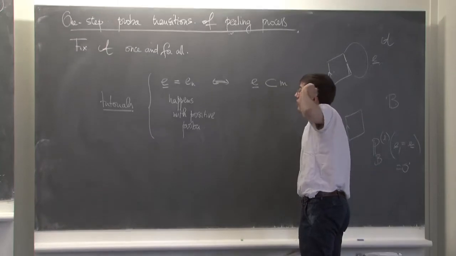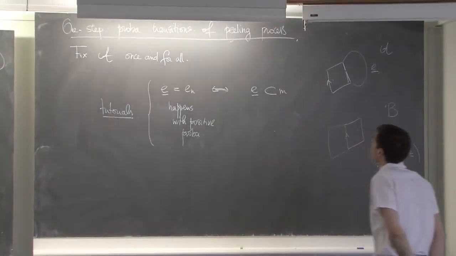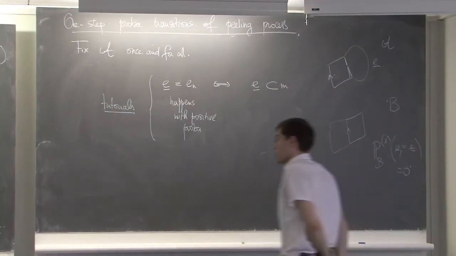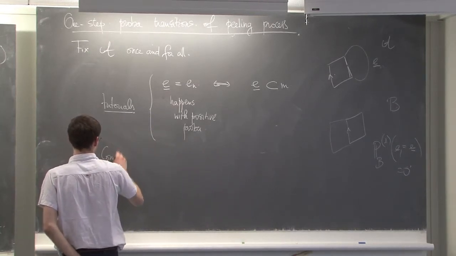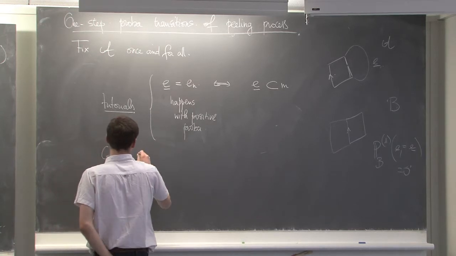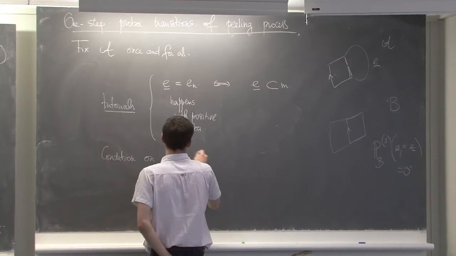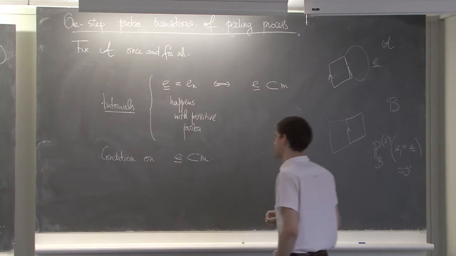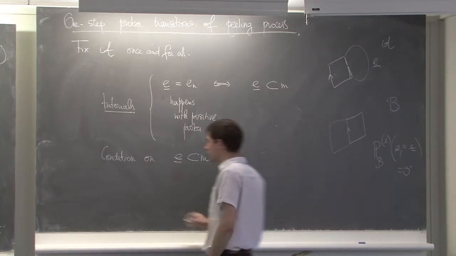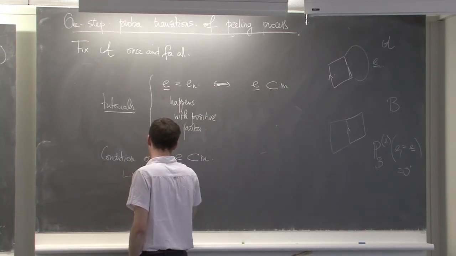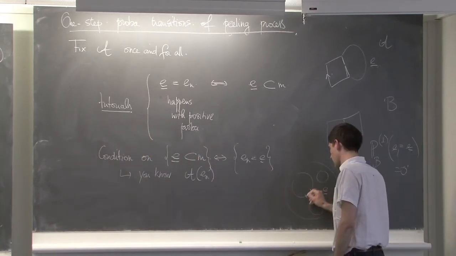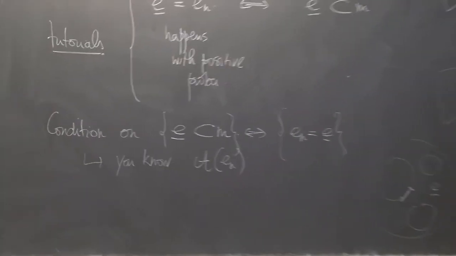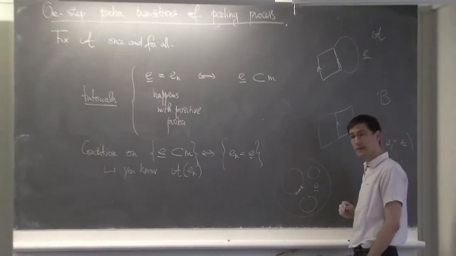Now let's compute what I claim is the one-step probability transition of the peeling process. So condition on E being in M, and you want to compute what the transitions are.